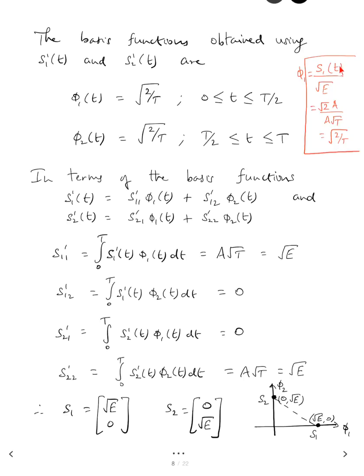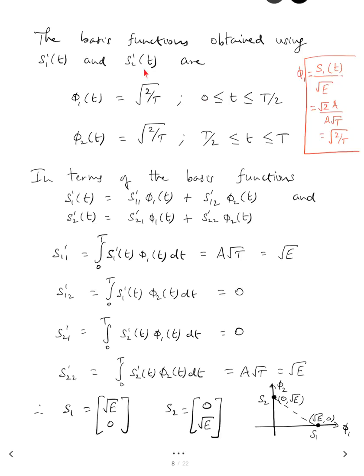The energies are still the same, A squared T, and therefore the norm is still A root T. So for M equal to 4, the basis function phi 1 will be 2A by A root T, which is 2 by root T, but with an interval from 0 to T by 4.